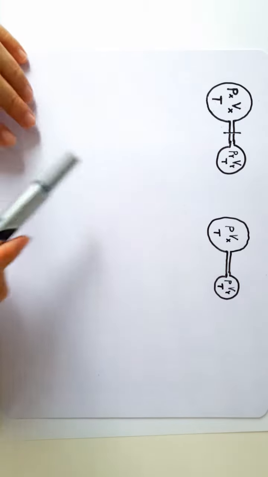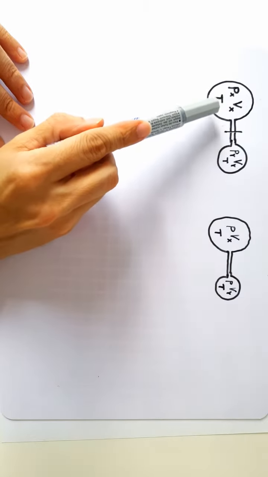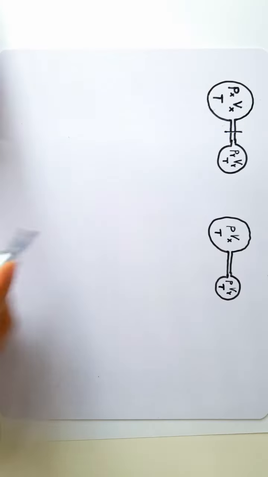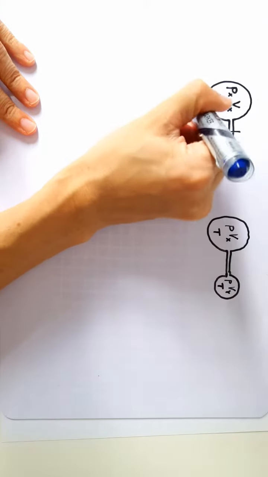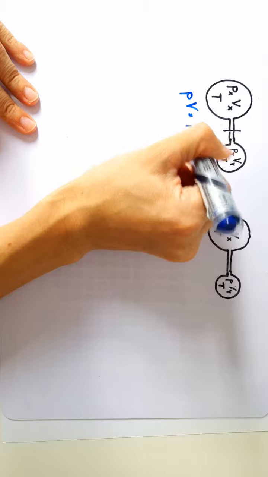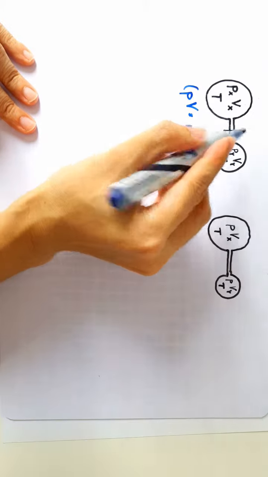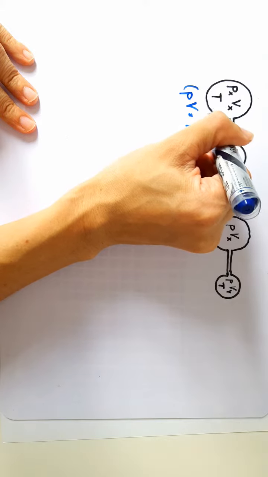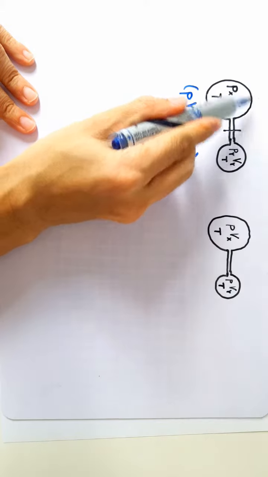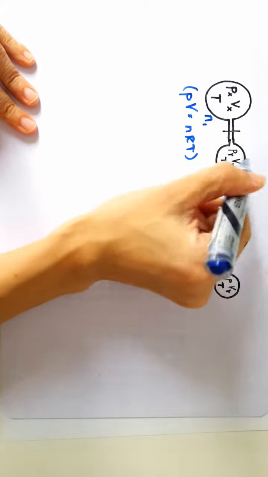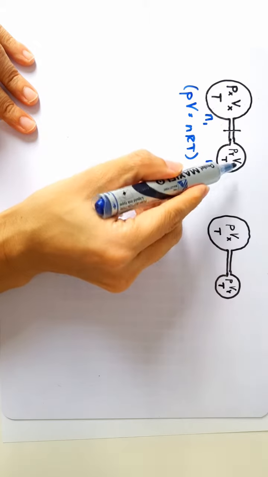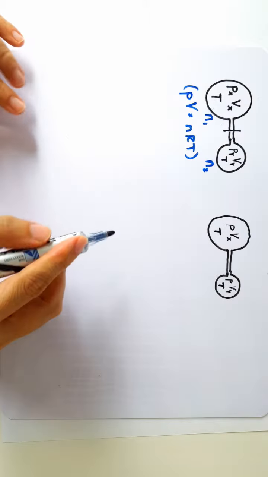Okay, so in this question we have ideal gas contained in two flasks. So we can apply the ideal gas equation. For this flask, let's say the amount of gas in flask X is N1 and the amount of gas in flask Y is N2.